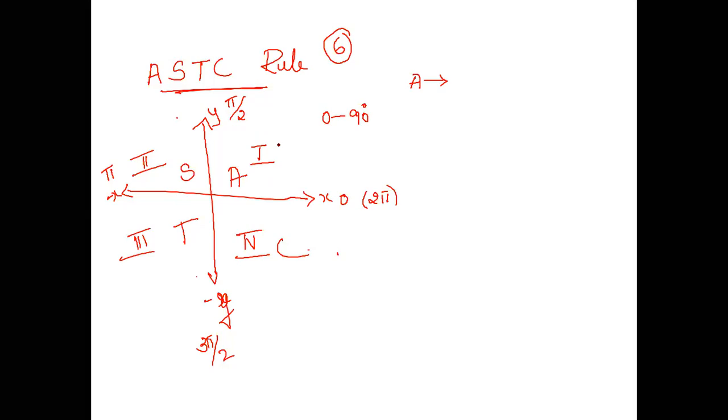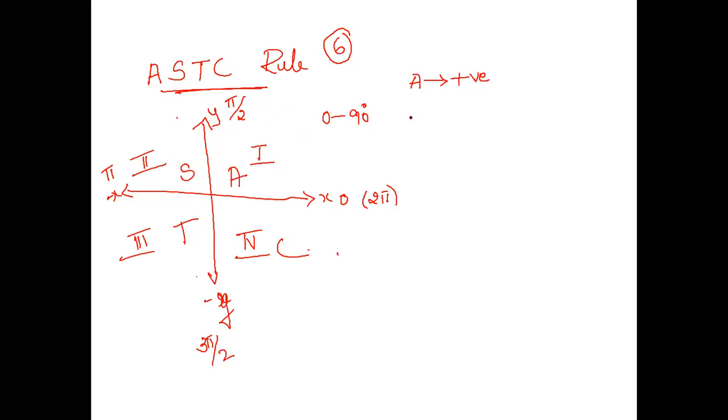In the first quadrant, the angles from 0 to pi by 2, that is 0 to 90 degrees, all come. So A means in the first quadrant all the trigonometric functions are positive. If you take sine 30 degree, cos 30 degree, sine 60 degree, tan 30 degree, whatever value you get is positive. You can observe that it is positive.